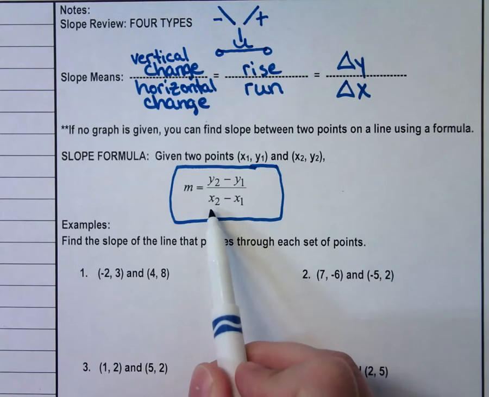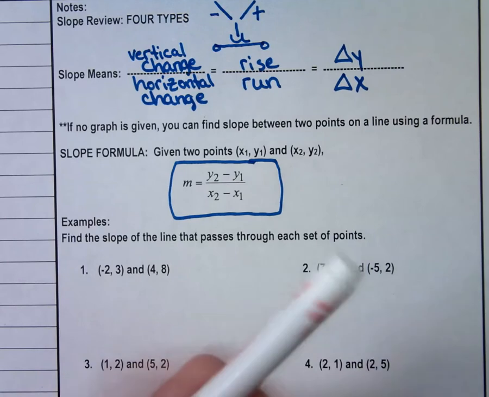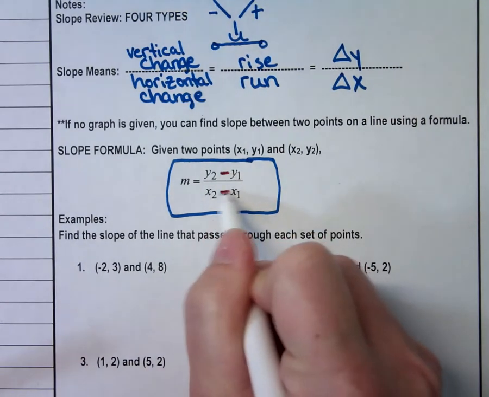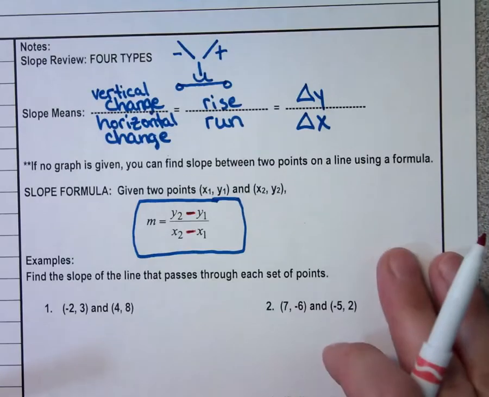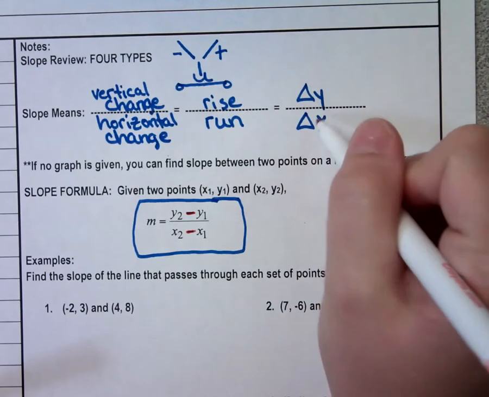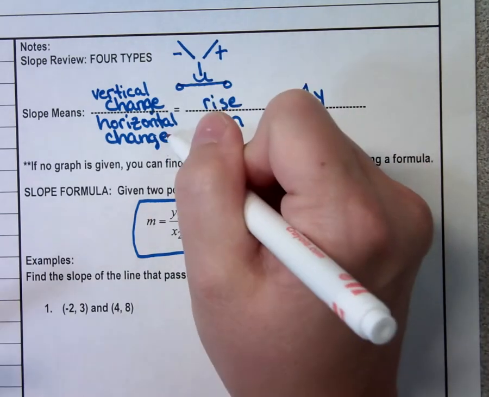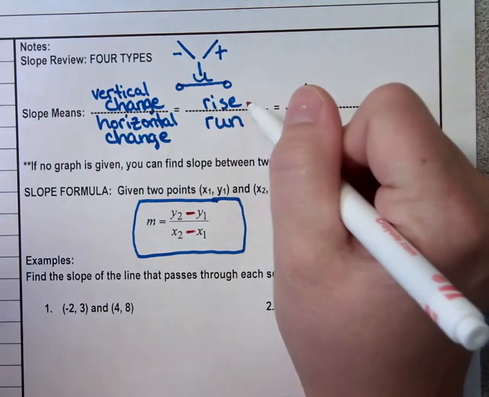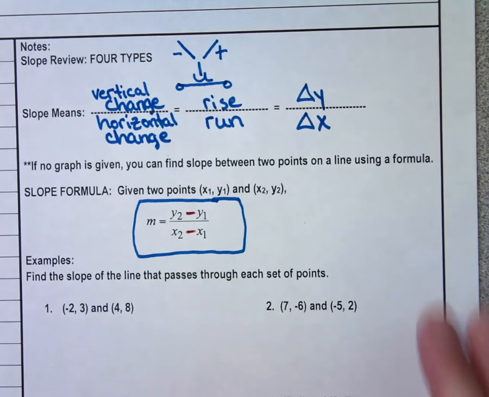Take the second x and subtract the first x. Notice it always is a minus in the middle. So that is a part of the formula. Notice it's y's over x's, which is why it's change in y over change in x. Vertical change, which is your y-axis, over horizontal, which is your x-axis. Same thing as rise, that's what you do in the y. Over run, that's what you do in the x.